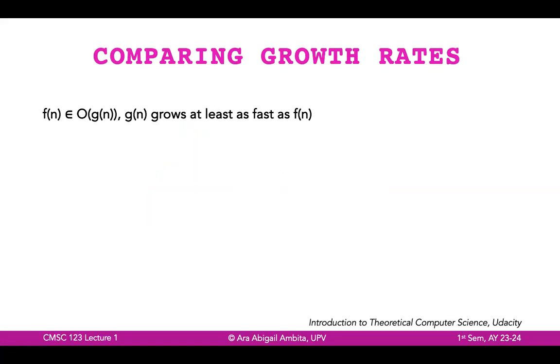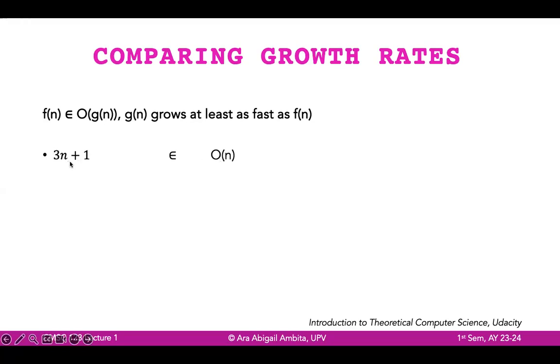Okay, now, if we have 3n plus 1, it is being bounded by O of n. So how did we arrive at O of n? Do you remember? In the big O notation, we were trying to get rid of the unnecessary parts or details, right?